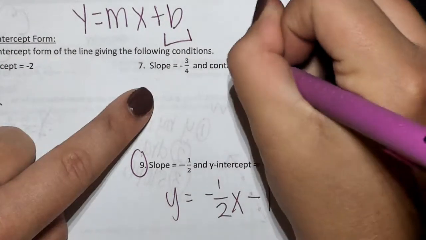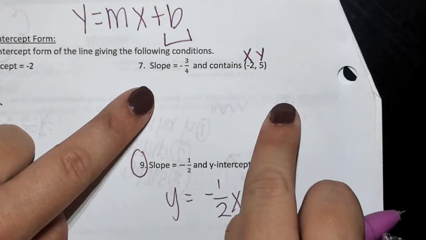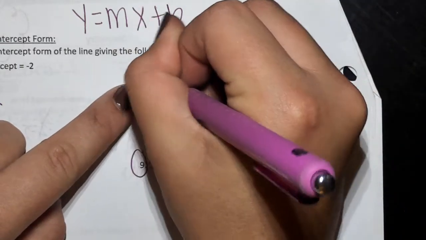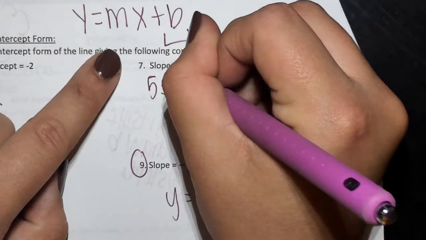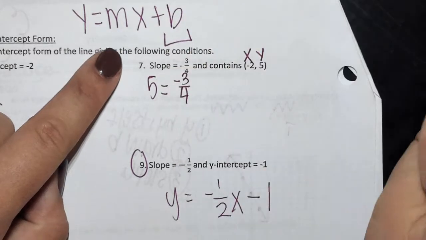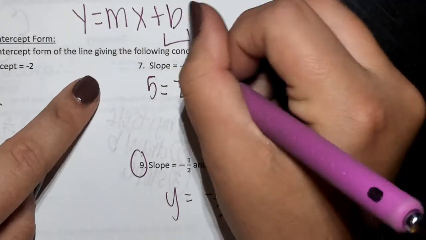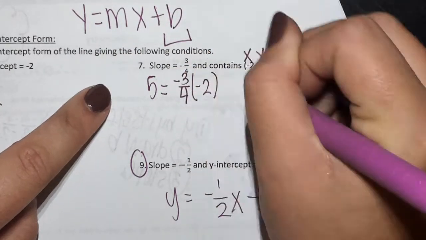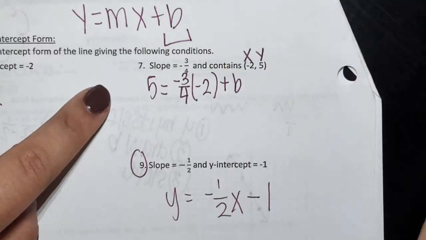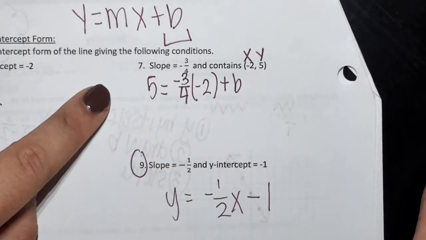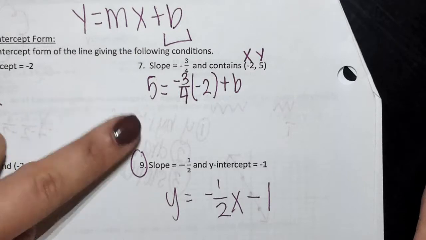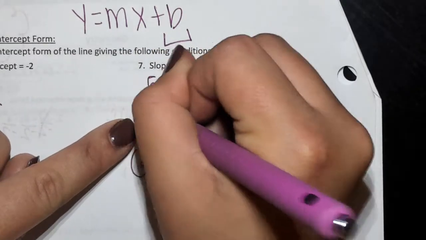So take your y first, which is 5. So you have y equals your slope, which is negative 3/4. Your x is what? Negative 2. And then plus b, which is what you want to solve for. Okay, so now you have 5 equals.